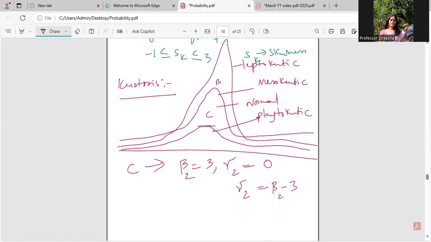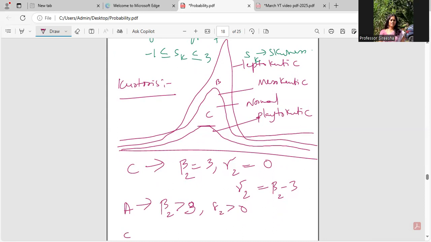Now, the very flat one would be called platykurtic, and the too peaked one would be called leptokurtic. For leptokurtic, the curve A, beta 2 should be greater than 3 and gamma 2 should be greater than 0. I'm sorry, 3 is the measure.